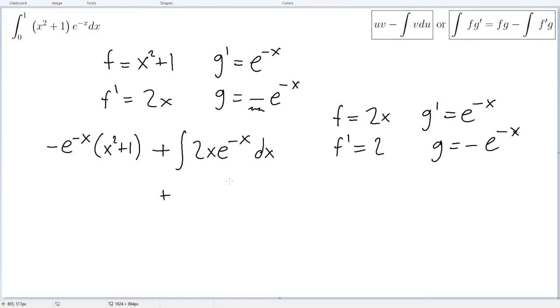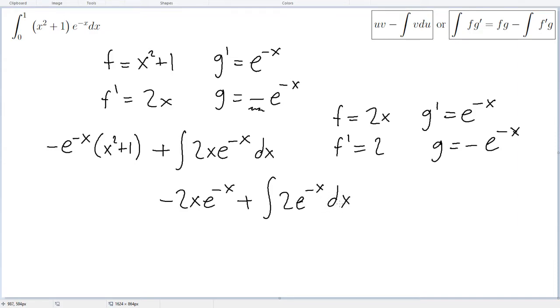I'm going to write it at the bottom here. So this actually becomes negative 2x e to the power of negative x, and then minus, that negative is going to make this positive, 2e to the negative x dx.